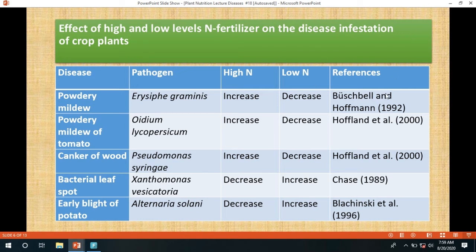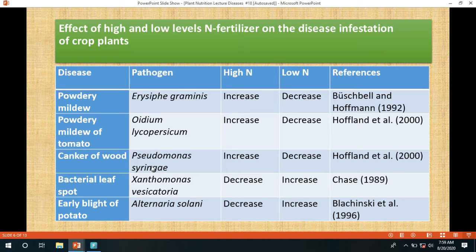Powdery mildew of tomato, the causal organism is Oidium lycopersicum. The increase of nitrogen resulted in an increase of this powdery mildew of tomato, and conversely, a decrease of nitrogen application will also decrease the disease infestation.